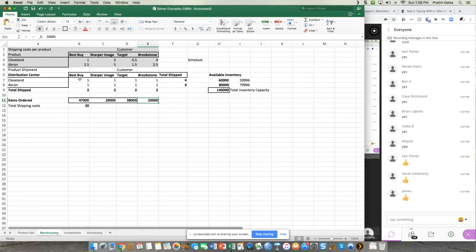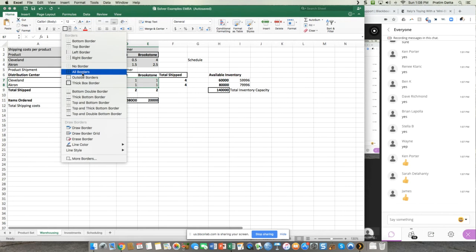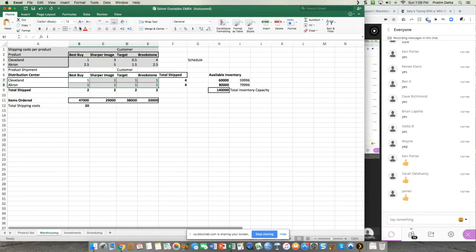So the way you set it up, in this case, these are your changing cells. So let's mark these and put a color onto them. Let's assume we're just shipping 1 unit from Cleveland warehouse to Best Buy, Cleveland warehouse to Sharper Image, Cleveland warehouse to Target, Cleveland warehouse to Brookstone.